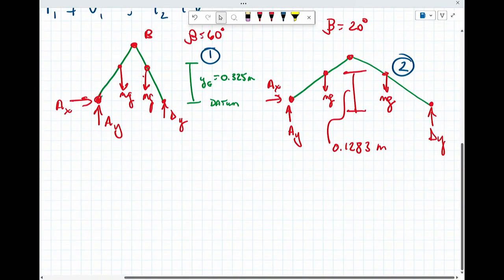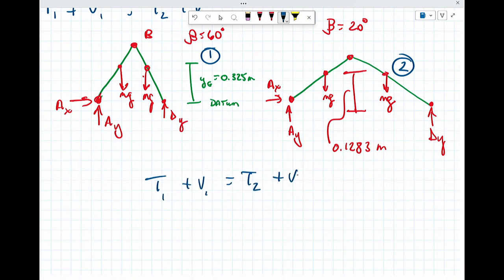So we can go here, T1 plus V1 equals T2 plus V2, V1 equals mgh1, V1 equals twice 6 kilograms.